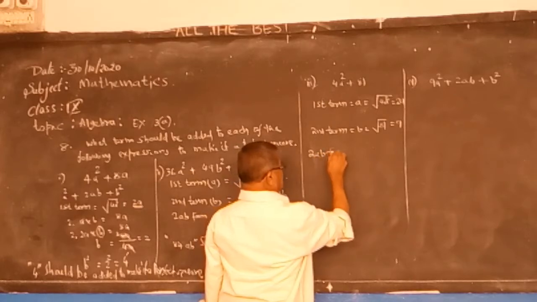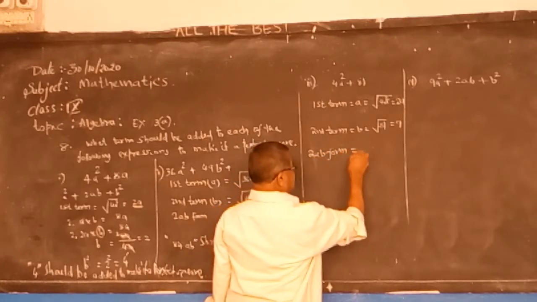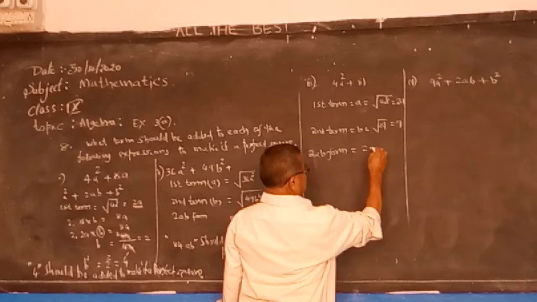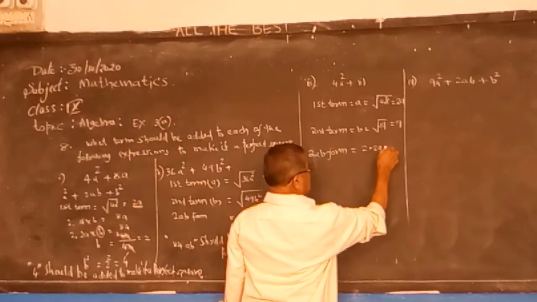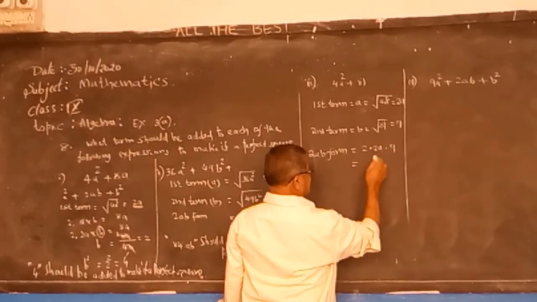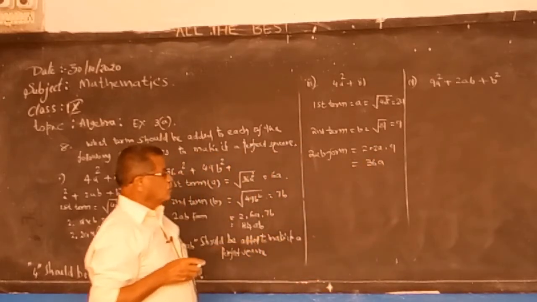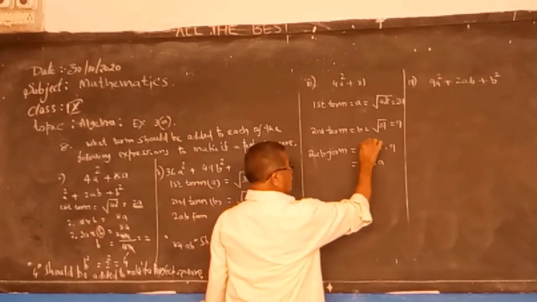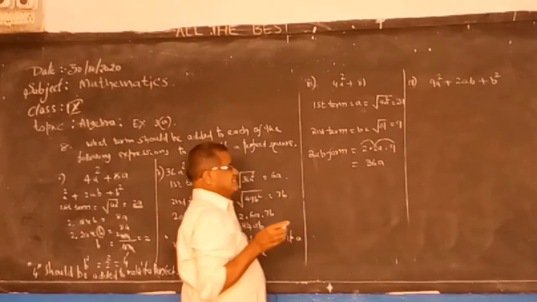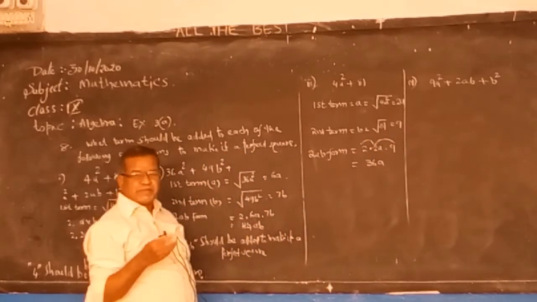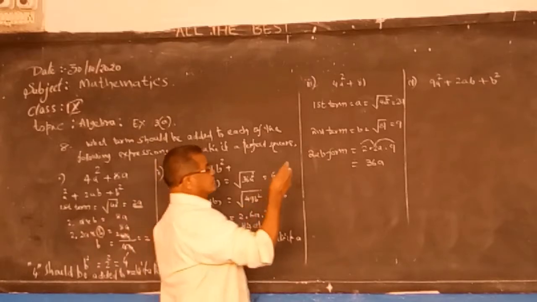The 2ab form is equal to 2 into 2a into 9, that is 36a. 2 2s are 4, 4 9s are 36. 36a should be added to make it a perfect square.